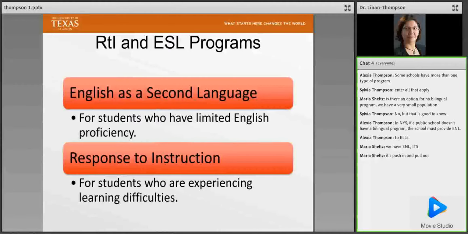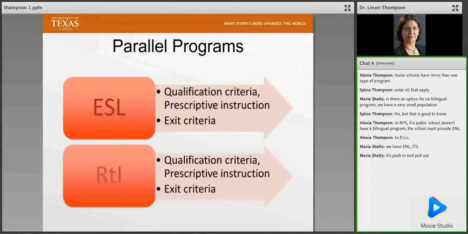So if their difficulty is due to language, RTI wouldn't be appropriate. And those two programs will be parallel programs, right? So ESL has qualification criteria, prescriptive instruction, and its own exit criteria, as does RTI.